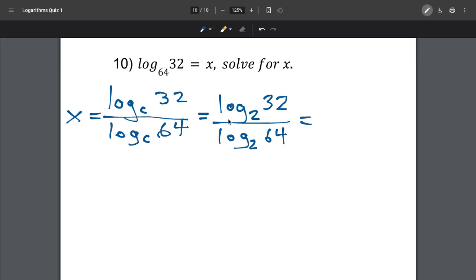If you think about this, from the last problem we showed that if we multiply 5 2's together, we get 32, so the top part is going to be 5. And if we multiply by another 2, 32 times 2, we get 64, so the bottom will be 6. So our solution here is x equals 5/6.